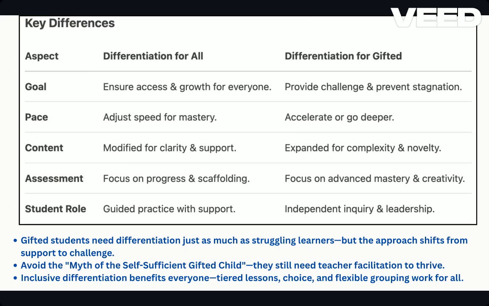Inclusive differentiation benefits everyone, be it all other students or gifted students in your class. Some choices, some flexible grouping, and some tiered lessons will help you design for and support all types of learners in your class.